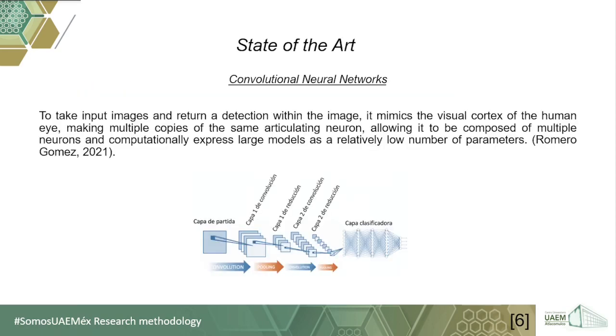So what are convolutional neural networks? They take an input image and return detection within the image. It mimics the visual cortex of the human eye, making multiple copies of the same articulate neuron, which allows it to be composed of multiple neurons and computationally express large models with a relatively low number of parameters.